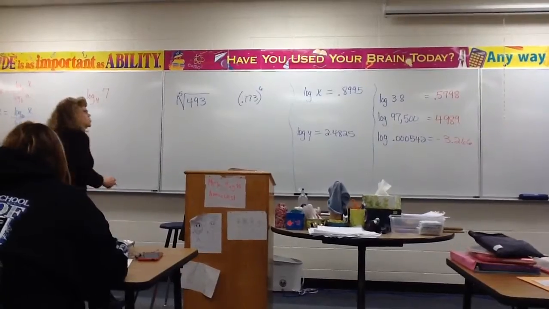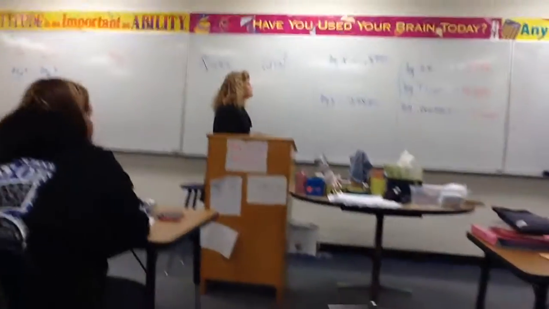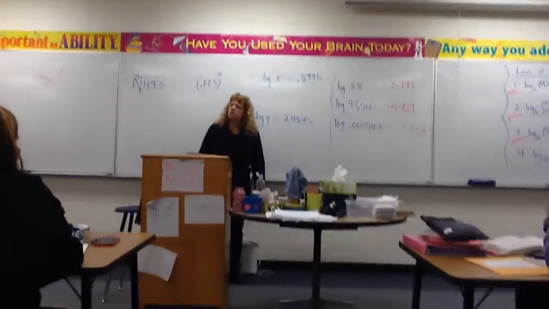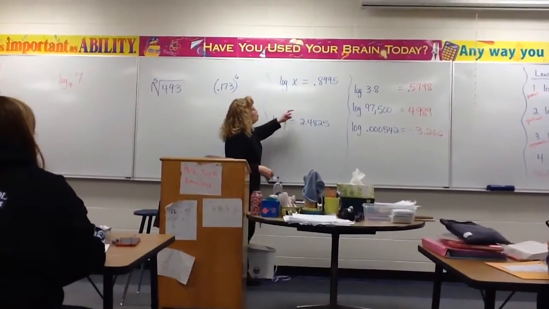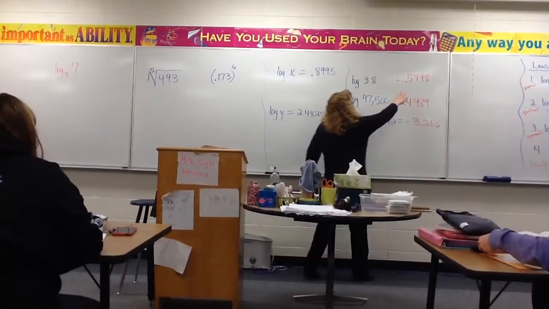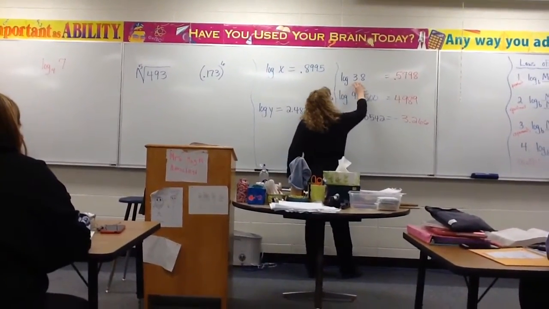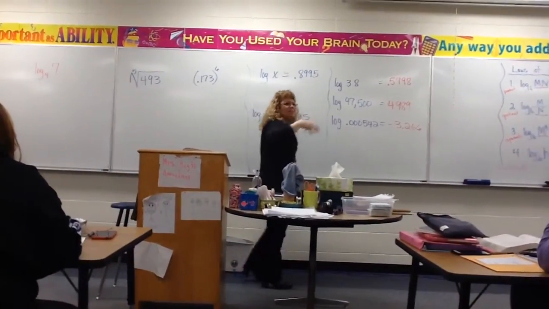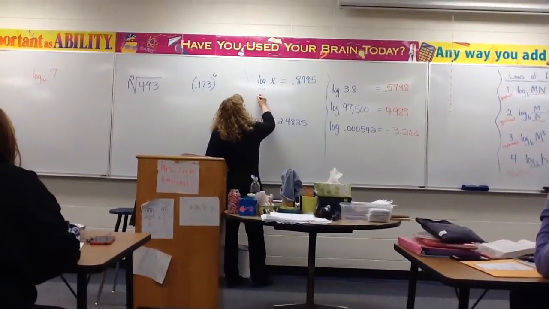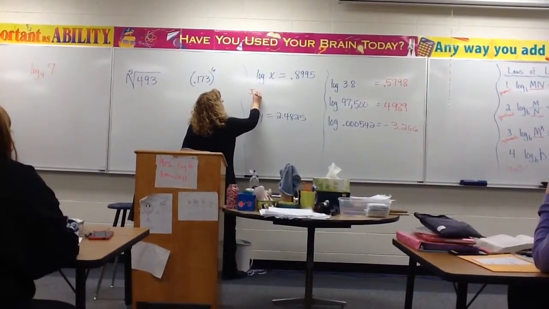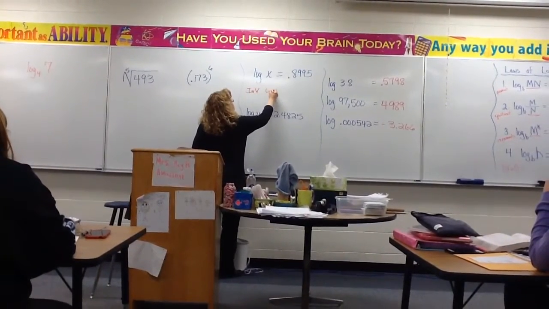All right. So those should be fairly easy. The next ones, you might have to try a few more tries. What you're looking for is now, they give you this log value and you have to find what number has that for a log. So in some of them it's inverse and then the log.